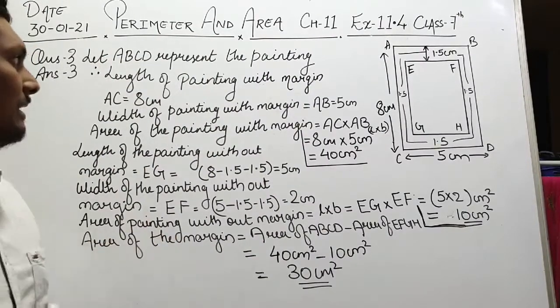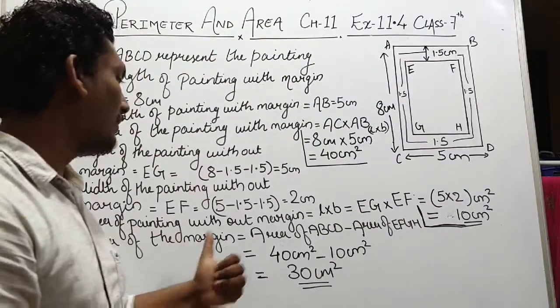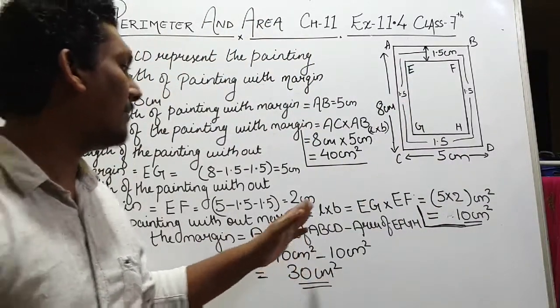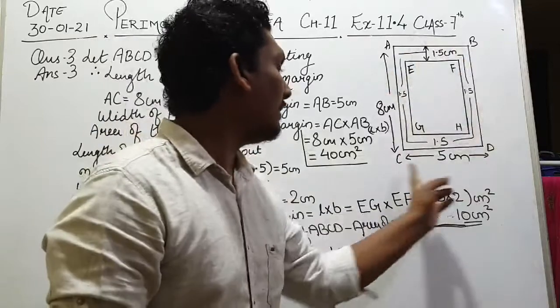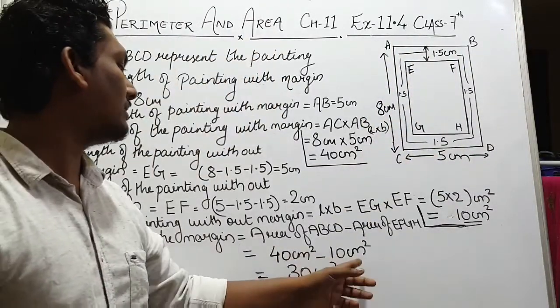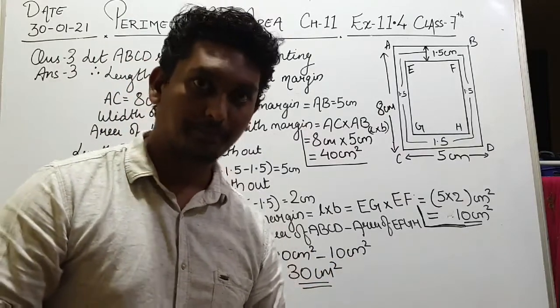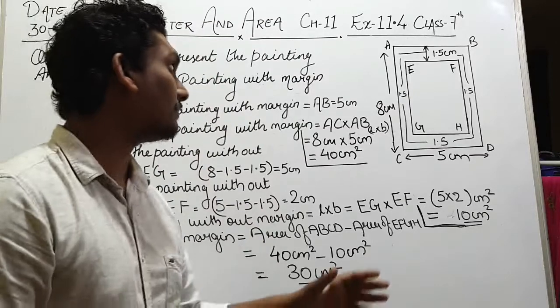Now area of the margin, we have to find the area here. So area of the margin is from ABCD area we have to subtract EFGH. So 40 minus 10, that is 30 centimeter square. So this was the answer.